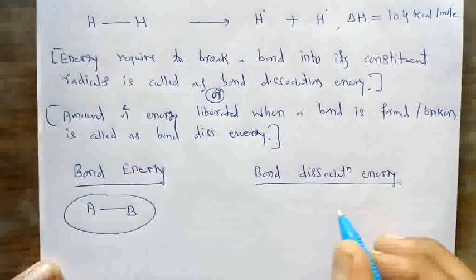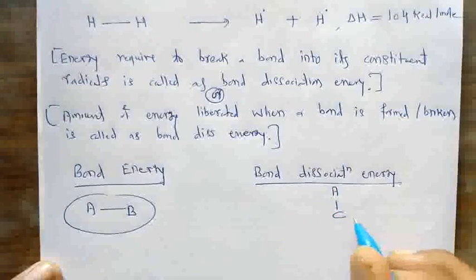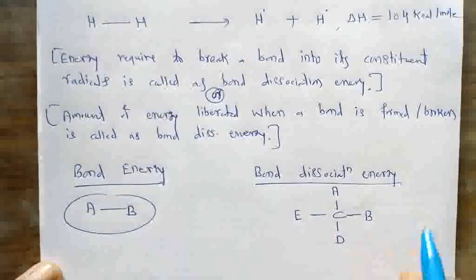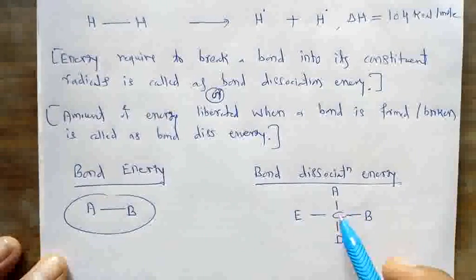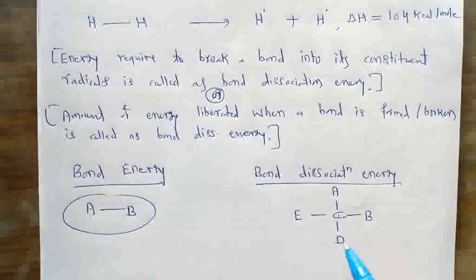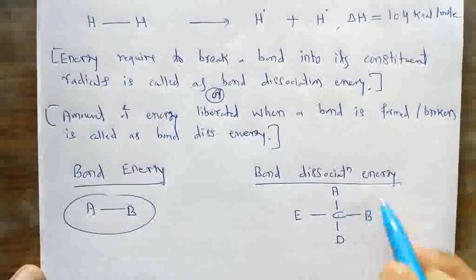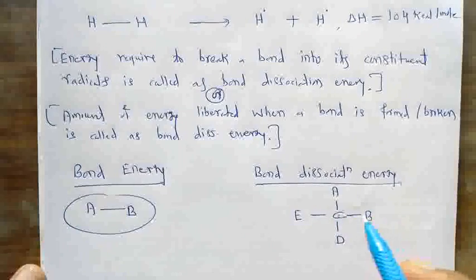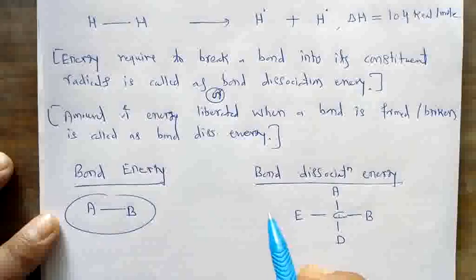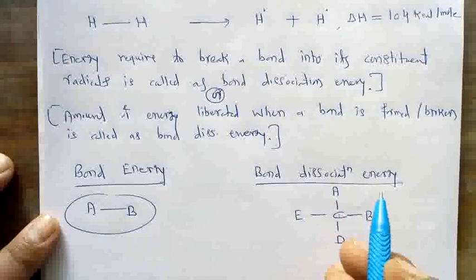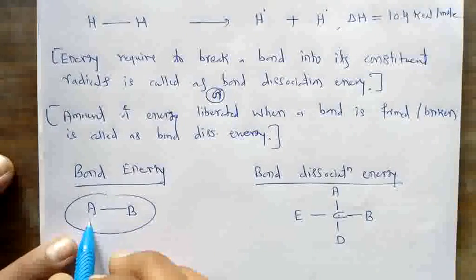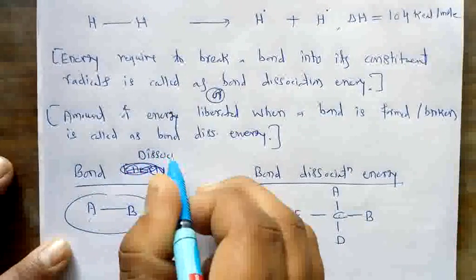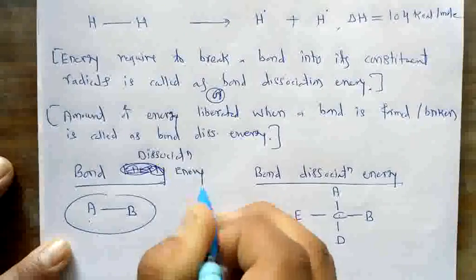But whenever we consider a molecule which has different types of chemical bonds, for example, this molecule has four different sigma bonds: the bond between carbon and atom A, between carbon and atom B, between carbon and atom D, and between carbon and atom E. Whenever we consider the energy required to break an individual bond, it is the bond dissociation energy.